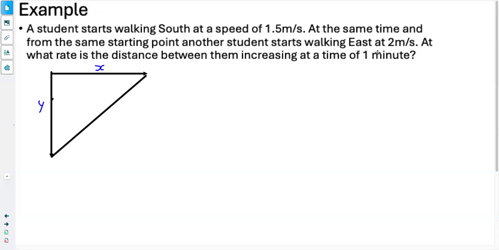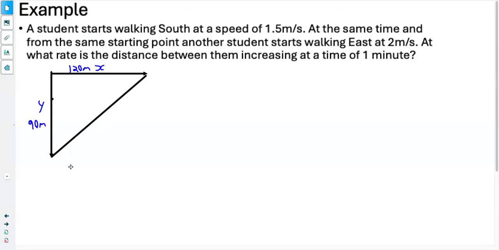Now, 1 minute is 60 seconds, so we can get how far apart these are at that time. Because if we go 60 times 1.5, we know that that's going to be 90 meters. And if we do 60 times 2, that gives us 120 meters. Now we want to know this side here.